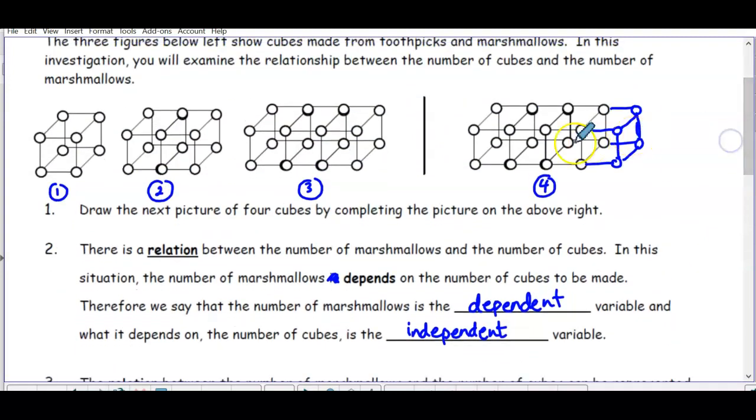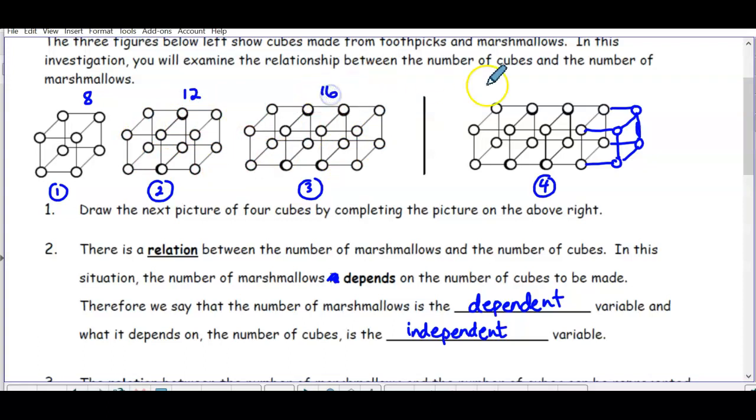So let's take a look here. So count them up. Basically, if you think about it, it's 4 in the front and 4 in the back. So there's 8 marshmallows. So when you add on a cube, you've already got these 4 marshmallows on the side, so you're really adding only 4 more. So that would be 12. And so then you've got this, and you're adding on another cube, which only requires 4 more marshmallows.